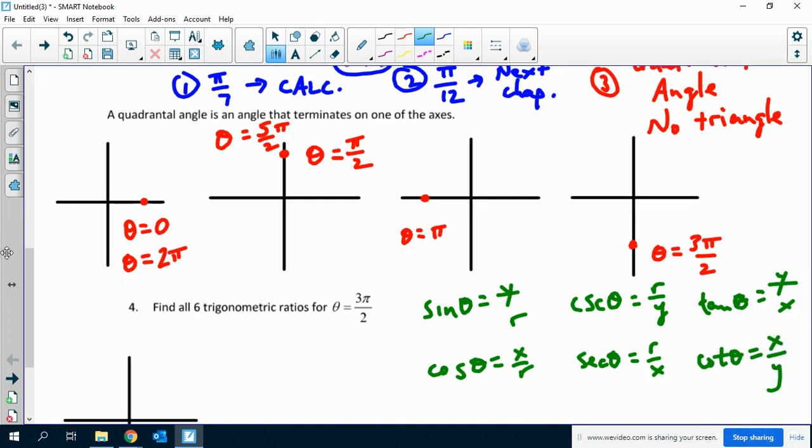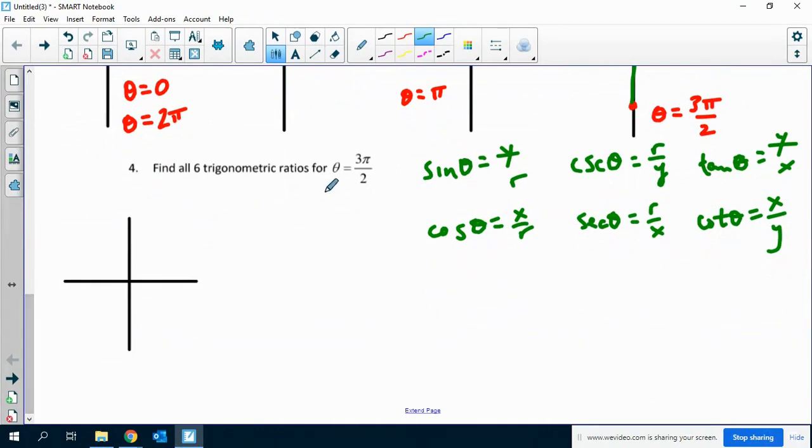Now, if we remember that, it's actually not that bad because we've been using triangles all the time since geometry. Well, now we don't actually need a triangle. We can use just straight line segments for these quadrantal angles that are on the axes, in order to get stuff.